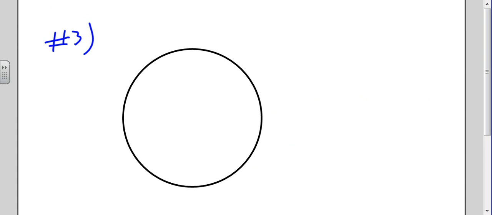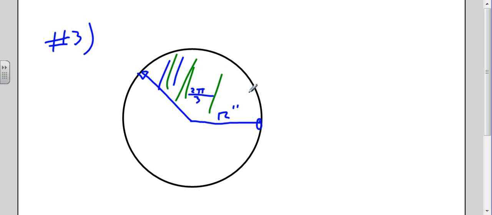All right, so this time we're going to do something cool and put the radius there, and I have 12 inches. I'm going to be over there at 2 pi over 3, and I'm looking for the area of that. So area is, maybe I remember this one, one half r squared theta. Is that right?